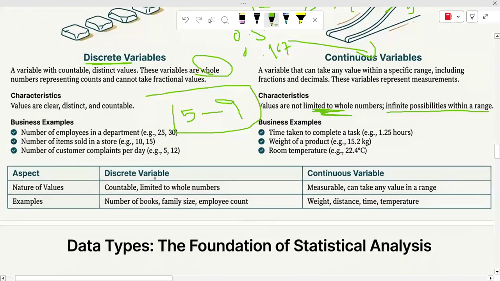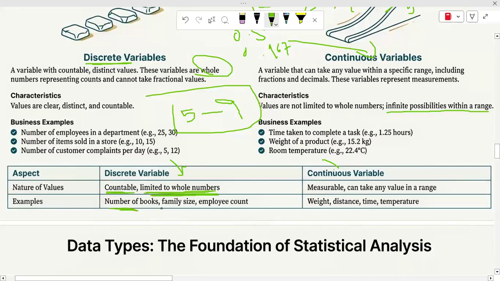Now let us differentiate these two in terms of the nature of values. Discrete values are countable, limited to whole numbers. Continuous variables are measurable. They can take any value in the range, say 1.25, 1.5, 1.75.